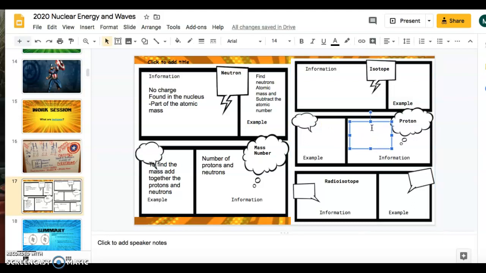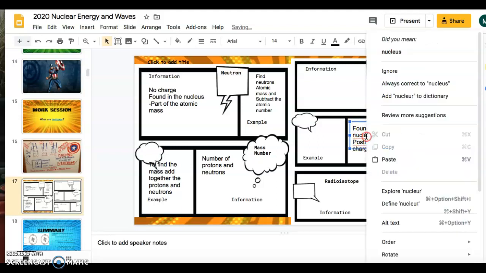Now, we keep talking about protons and neutrons, mass number, so let's go ahead and define proton as our good review. Remember that protons are also found in the nucleus. And these have a positive charge.